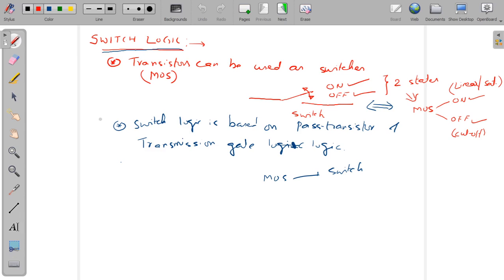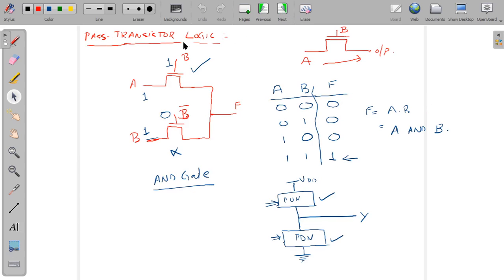Yesterday we had seen about switch logic, and basically switch logic is based on pass transistor and transmission gate logic. Then we saw about the pass transistor logic, and basically a single NMOS or a PMOS can be used as a pass transistor.